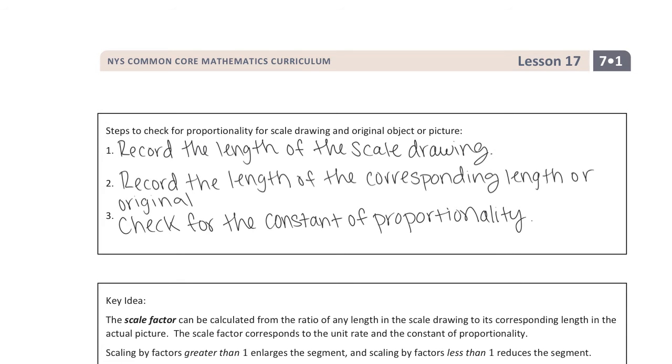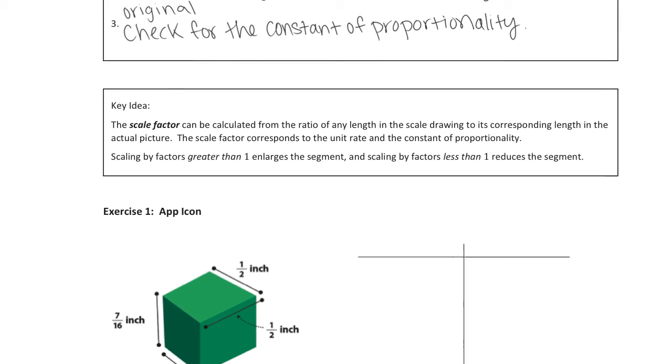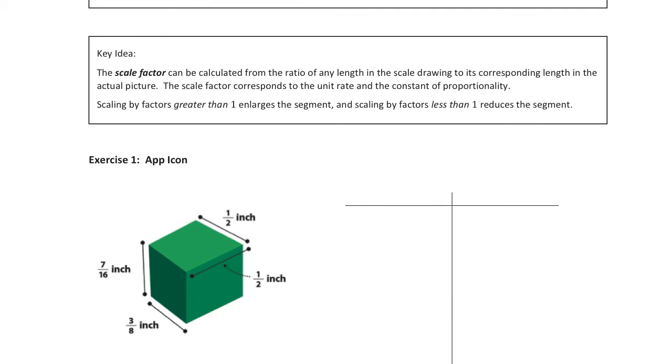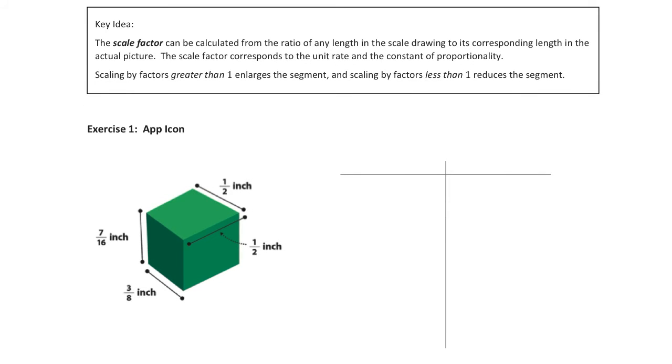Let's move on to the key ideas. So, we have scale factor. Scale factor is a term that we are going to want to use. The scale factor can be calculated from the ratio of any length in the scale drawing to its corresponding length in the actual picture.